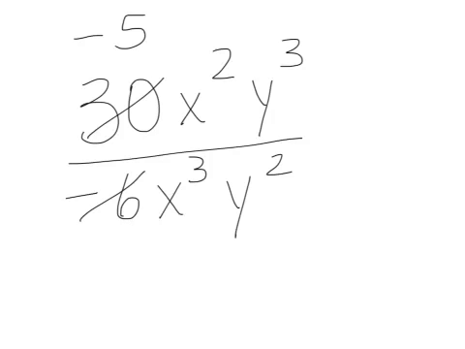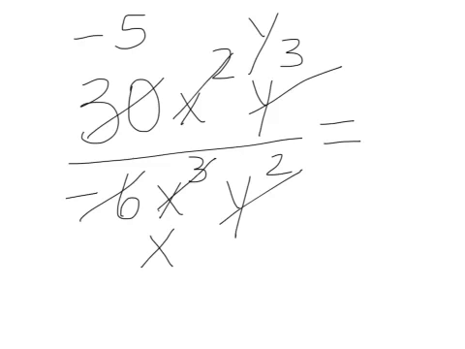Here we have 2 x's on top, 3 x's on bottom. We can cancel, and that will leave us with an x on the bottom. With the y's, we have 3 y's on top, 2 on the bottom. We can reduce that, and that will leave us a y on top. So my final answer is negative 5y over x.